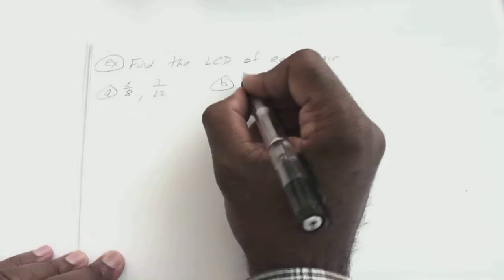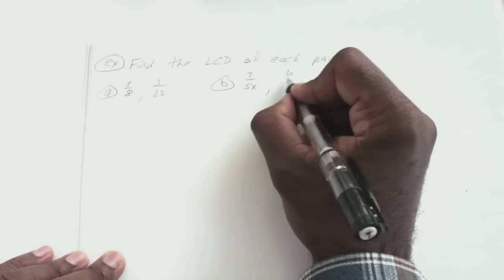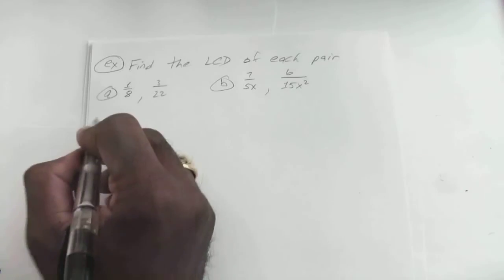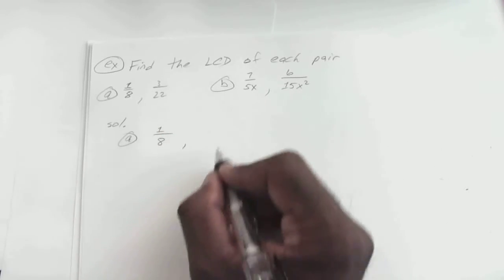And let's say for problem B, we have 7 over 5x and 6 over 15x squared. Make that 1 look a little more like a 1. There we go. Okay, so for problem A, you have 1 over 8. You have 3 over 22.